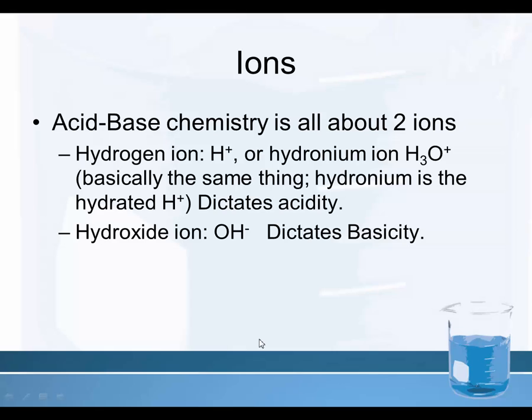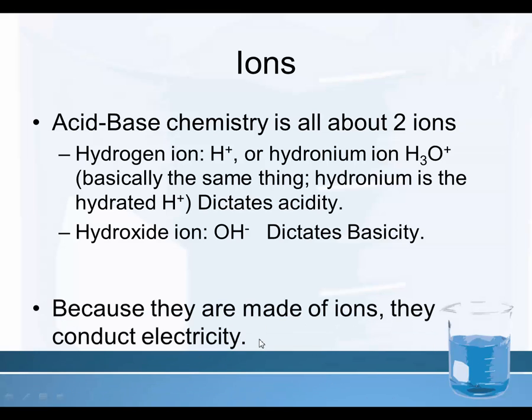The more of those ions that you've got, the stronger your acid is. The hydroxide ion, on the other hand, is going to determine basicity. If you've got a lot of hydroxide ions compared to the hydronium ion, then you've got a base. And we're always comparing the two things to each other.